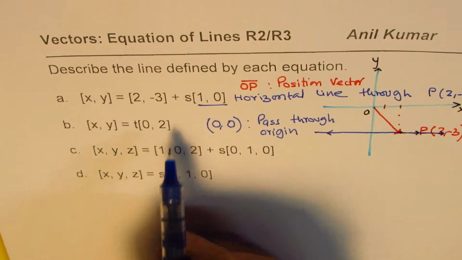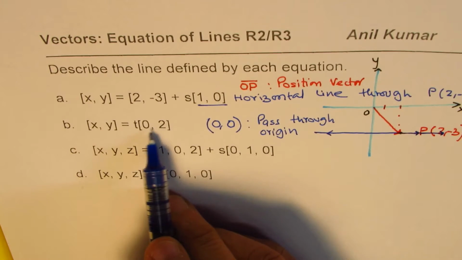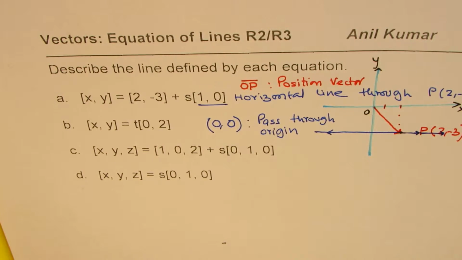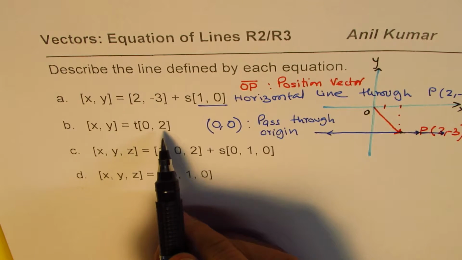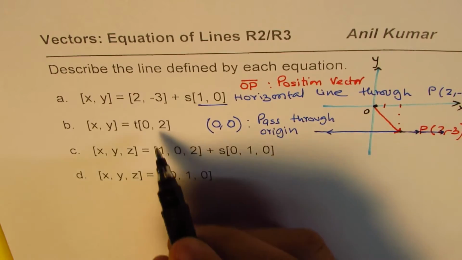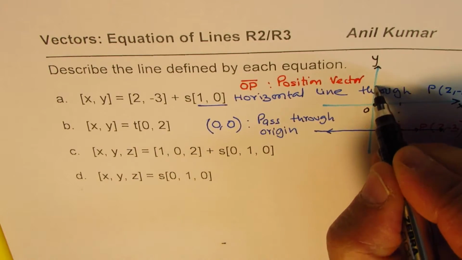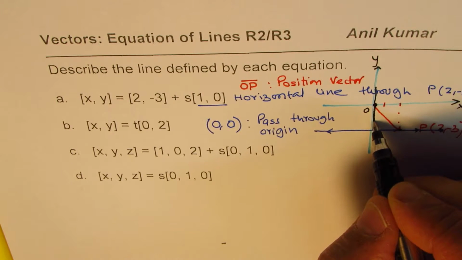So what does this represent? Can you pause the video and answer this question? Here is the solution. t(0, 2) represents which axis? You're not moving along x, you're only moving along y from the origin. The origin is your one point, and you move 2 units up if t is 1, and 2 units down if t is -1.